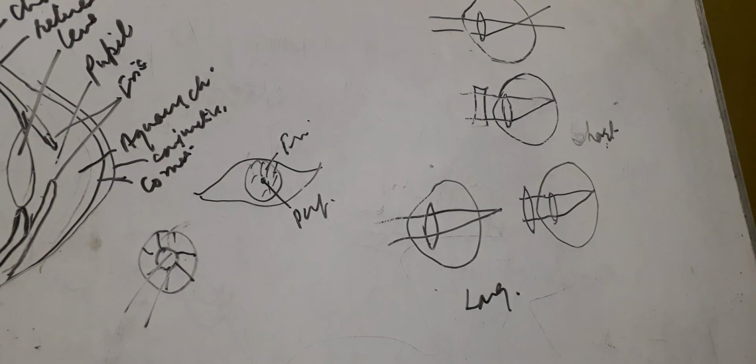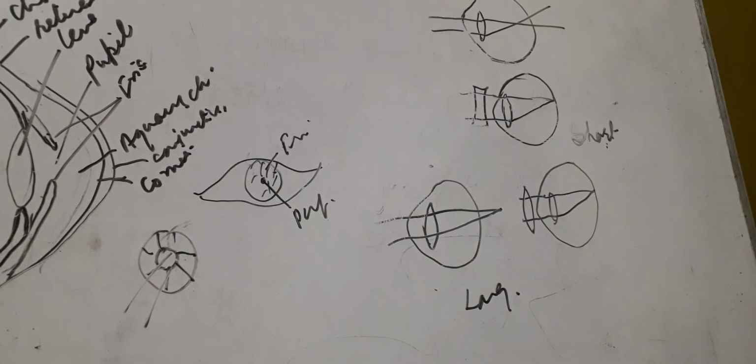The rods function in dim light, and in the absence of pigment they cannot function. Color blindness is a genetic disease in which a person cannot detect the colors blue and red. So these are the defects.